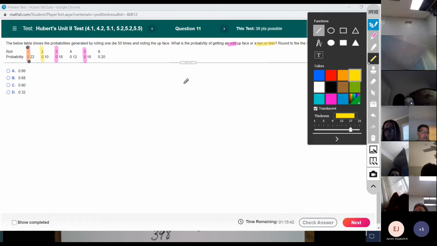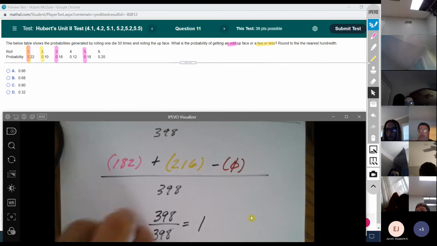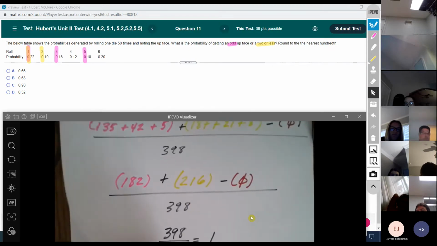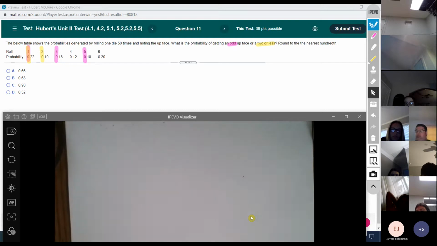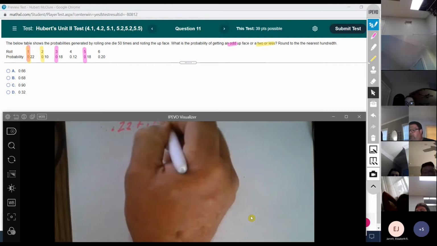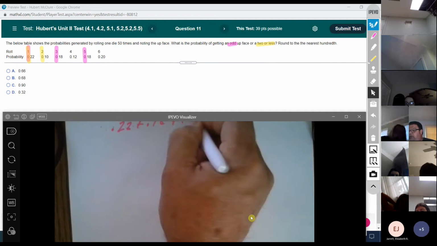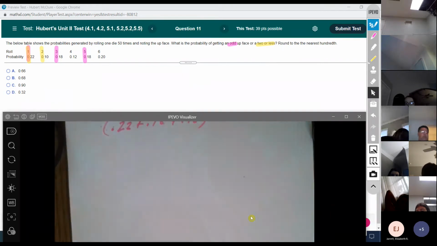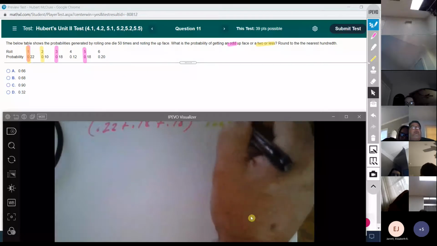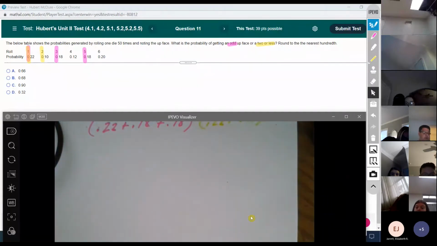So now we're ready to roll out everything. So we go to our handy dandy sheet here. And what is our pink? Well, 0.22 plus 0.18 plus 0.18. That's our odd. And then our yellow is 0.22 plus 0.10. And then our overlap is what?